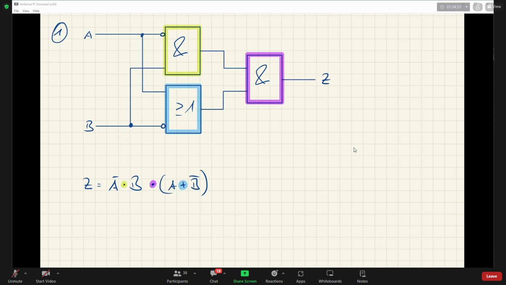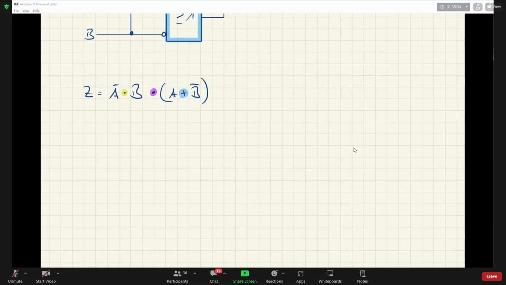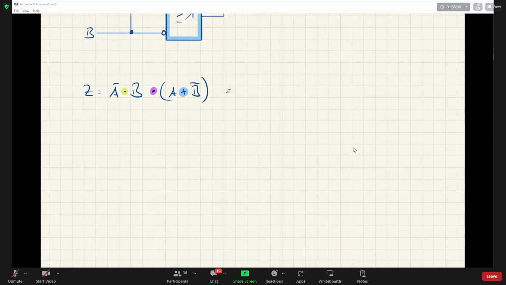Okay. Now we can write that as A not and A and B, or B and B not. So I just brought the B into the brackets.